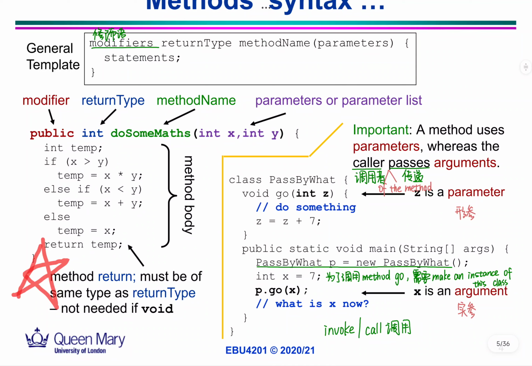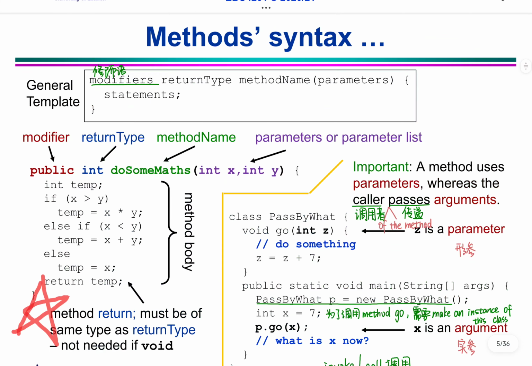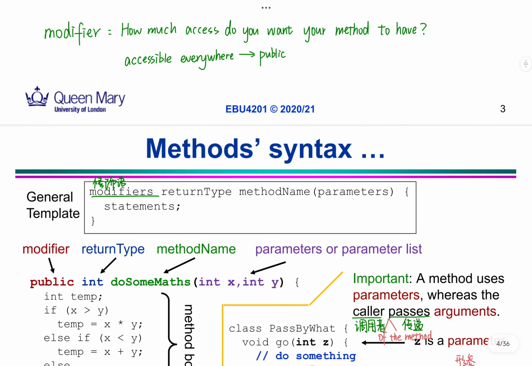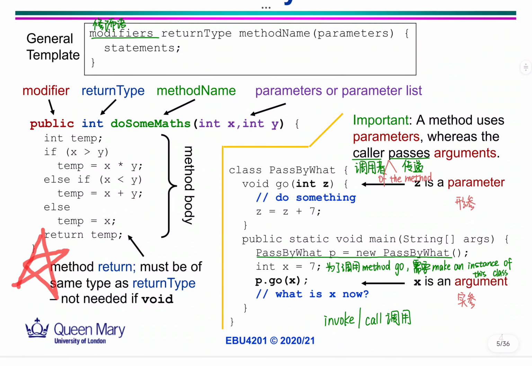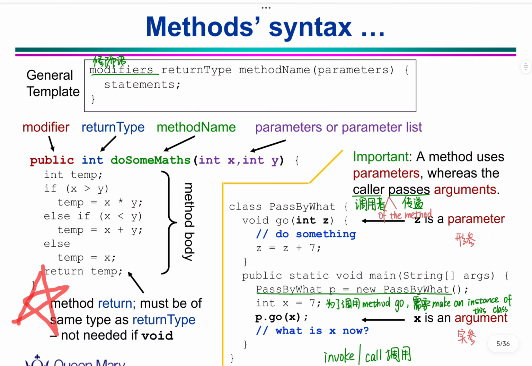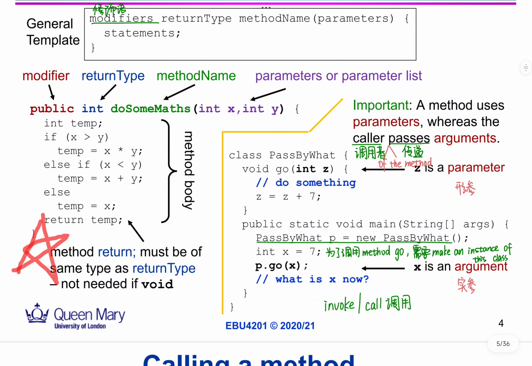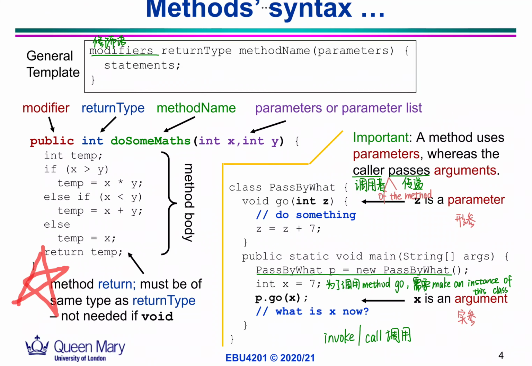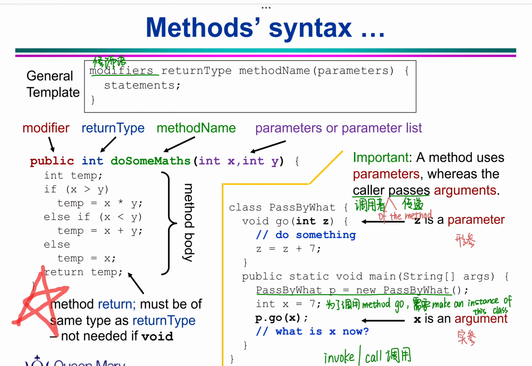So what is a method? Method means some action of the object, and there are different syntax. The syntax is modifier, result type, method name, and so on. So we make an instance, p equals a new PassByWhat.